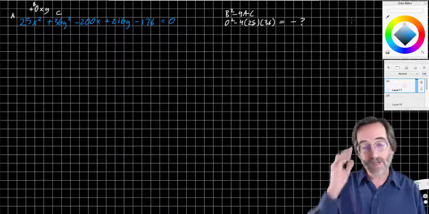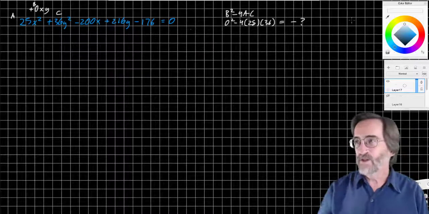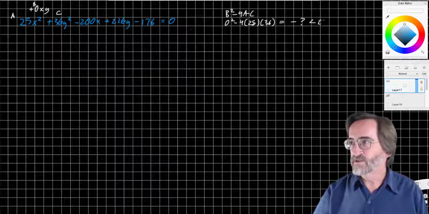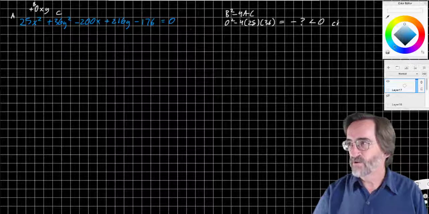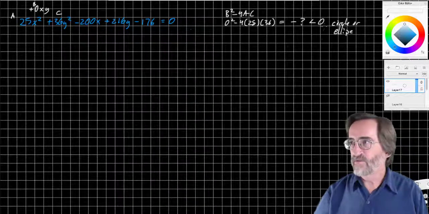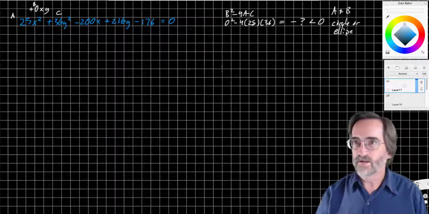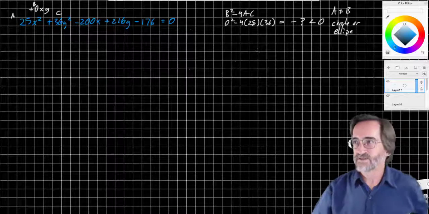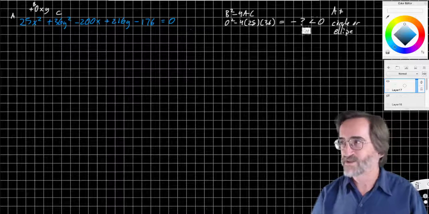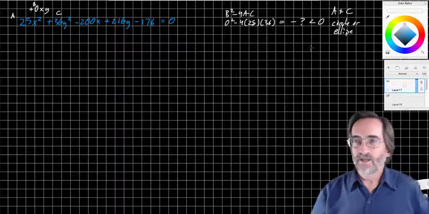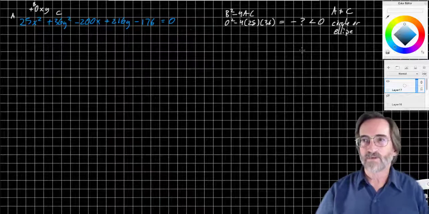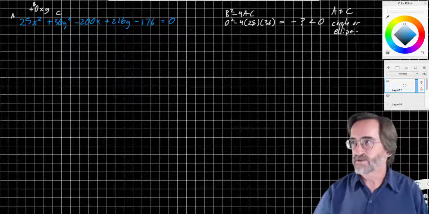Remember, when it's less than 0, we're dealing with either a circle or an ellipse. A circle, if A and C equal each other, but A is 25, A does not equal C. The x squared and the y squared coefficients are different, so this is the ellipse.